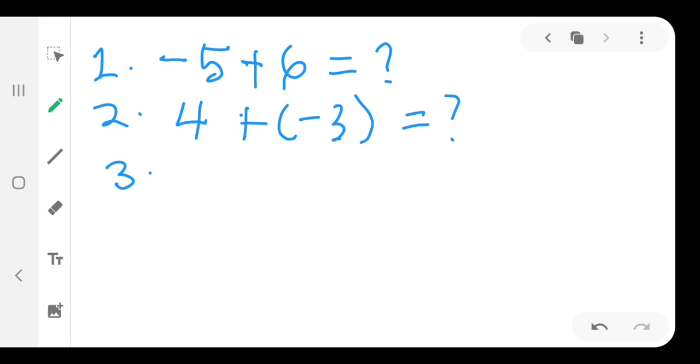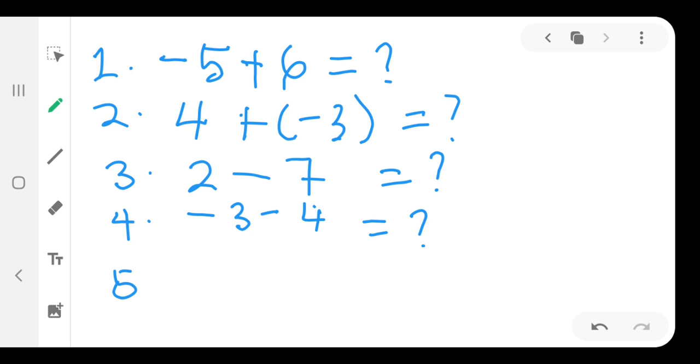Question 3: 2 minus 7. Question 4: negative 3 minus 4.